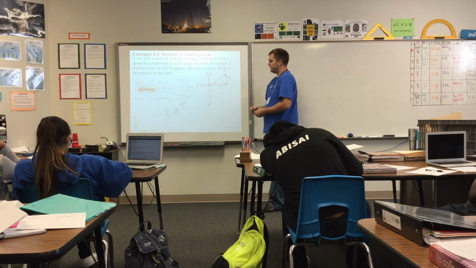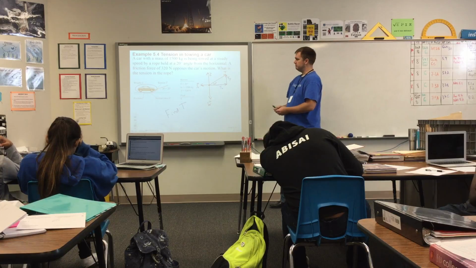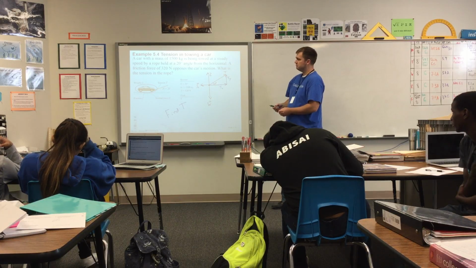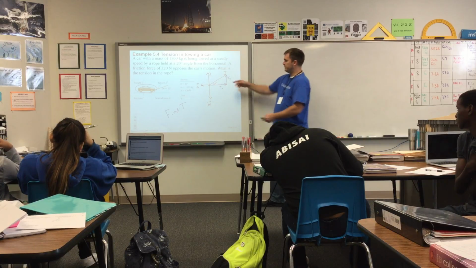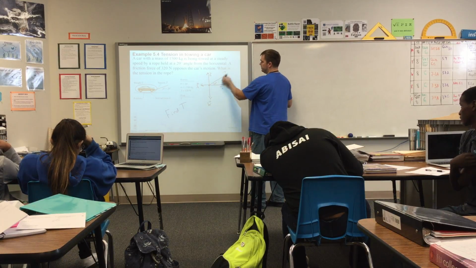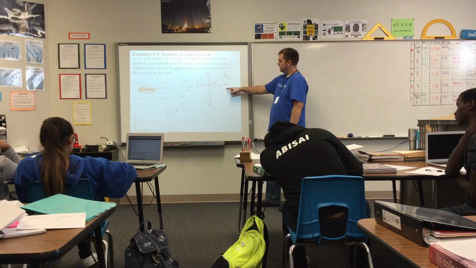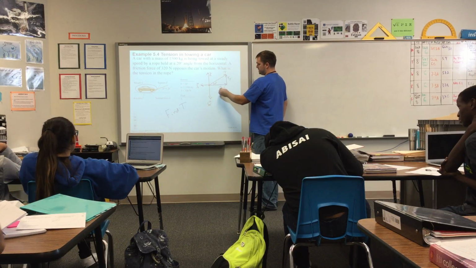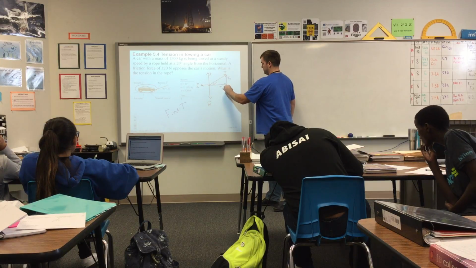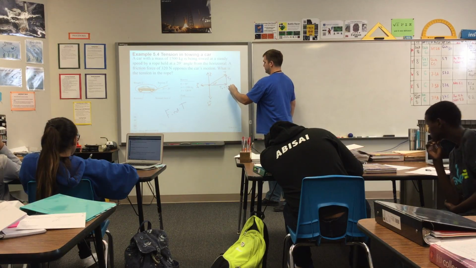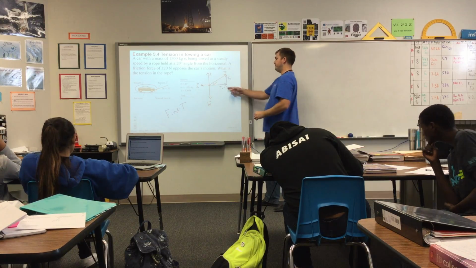Anybody have any ideas on what we should do next? Say it again? The X and Y, okay. So, well, I don't know what the number is right there. But I could say Tx is equal to T cosine 20 degrees. That's about as best as I can get here.